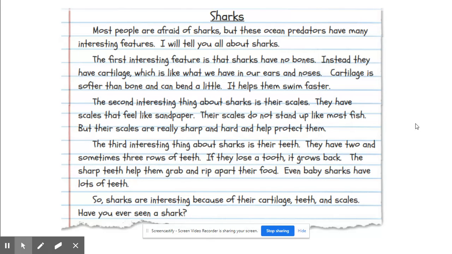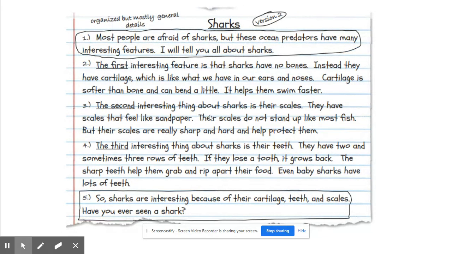They have scales that feel like sandpaper. Their scales do not stand up like most fish, but their scales are really sharp and hard and help protect them. The third interesting thing about sharks is their teeth. They have 2 and sometimes 3 rows of teeth. If they lose a tooth, it grows back. The sharp teeth help them grab and rip apart their food. Even baby sharks have lots of teeth. So sharks are interesting because of their cartilage, teeth, and scales. Have you ever seen a shark?